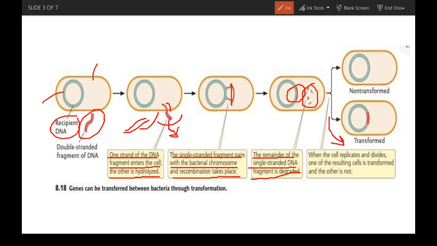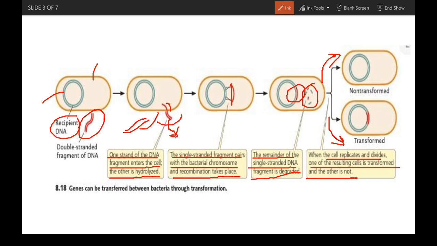So a transformant is formed. When the cell replicates and divides, one of the resulting cells is transformed and the other is not. This is because only one single stranded DNA has entered and recombination has taken place.